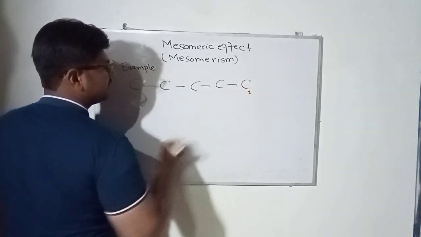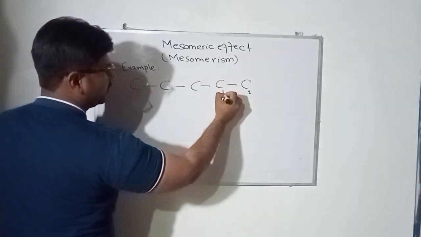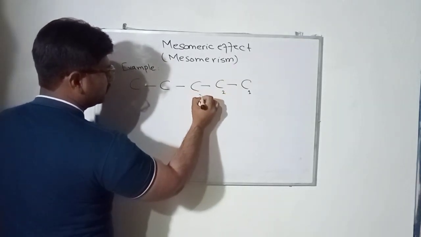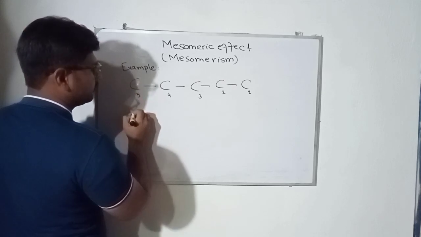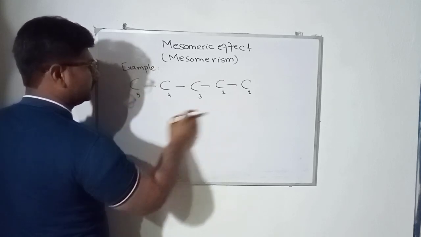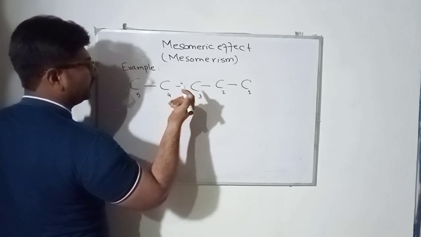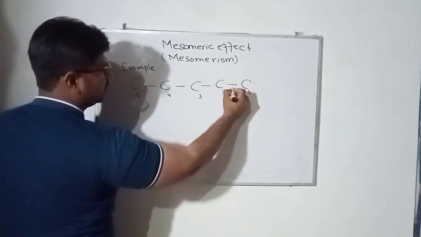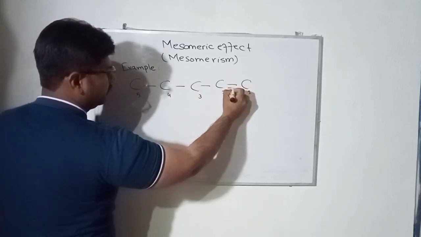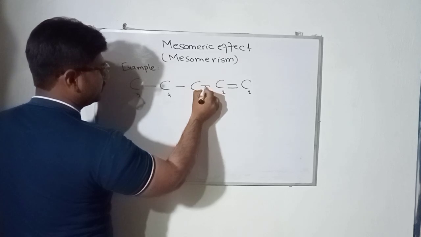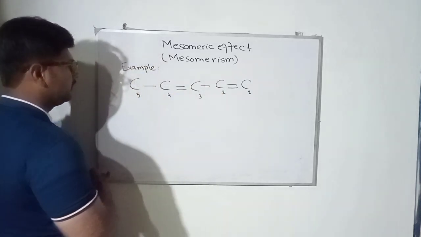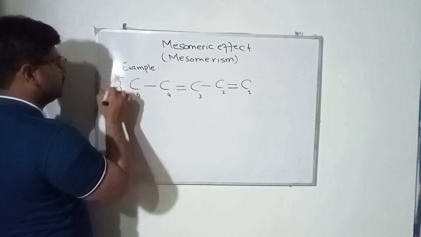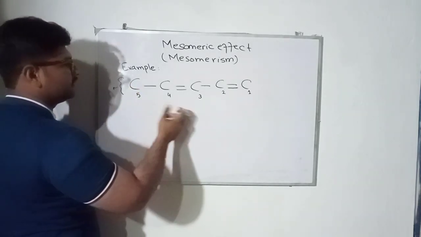So this one is carbon number 1, here we have carbon number 2, 3, 4 and 5. Now this is a saturated chain and we are going to add alternate single and double bond. So here we have first double bond, then single bond, then double bond and then again single bond. Now this carbon chain will be called a conjugated carbon chain.